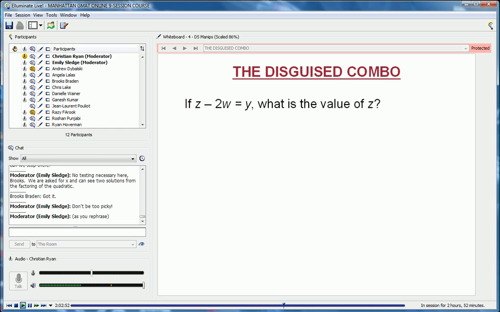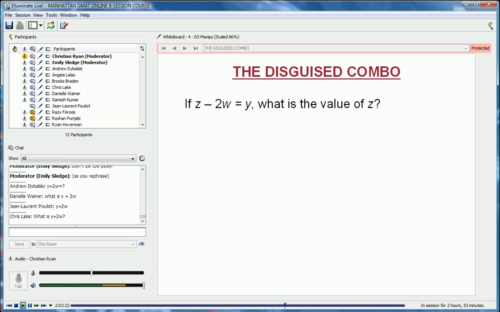Probably guessing it's not what is Z. Go ahead and type it in. Don't hit return yet. Have it go to everybody in just a second. Okay, hit return. Let's see them all.